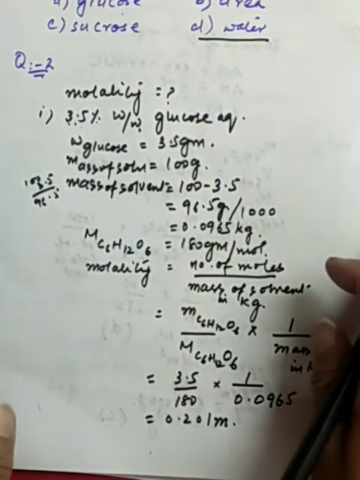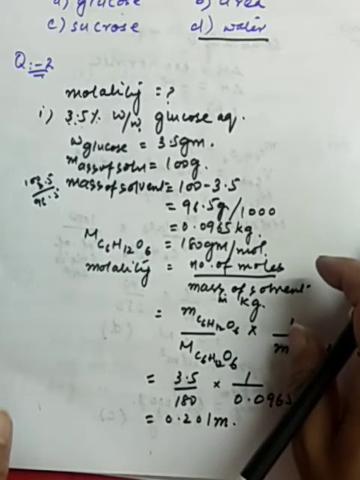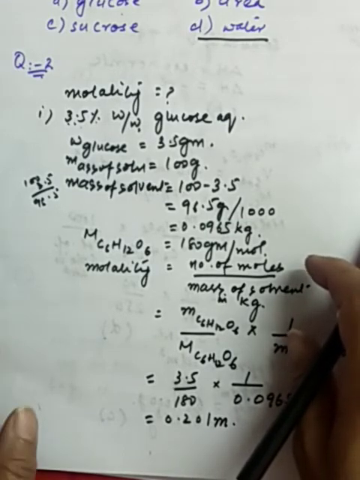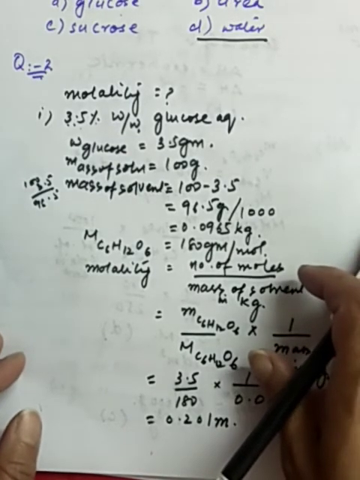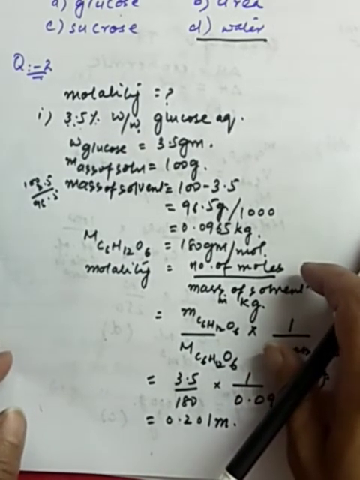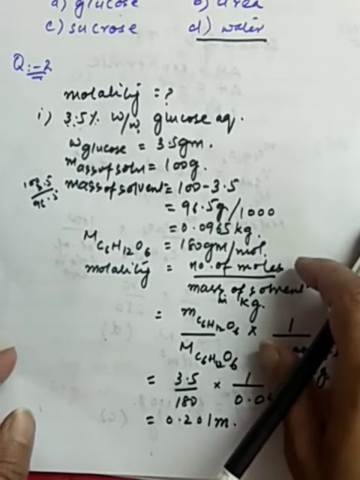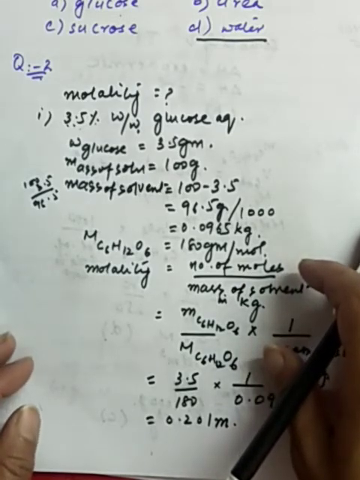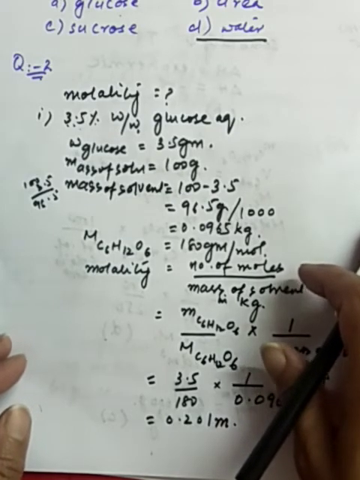Now boys, part number 10: which of the following is volatile? A volatile substance is one which can be directly converted into vapors. The options given are glucose, urea, sucrose, and water. We mark option D, that is water.